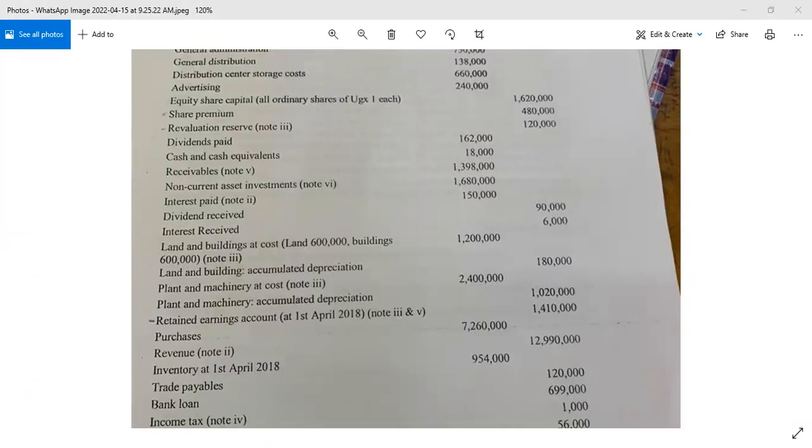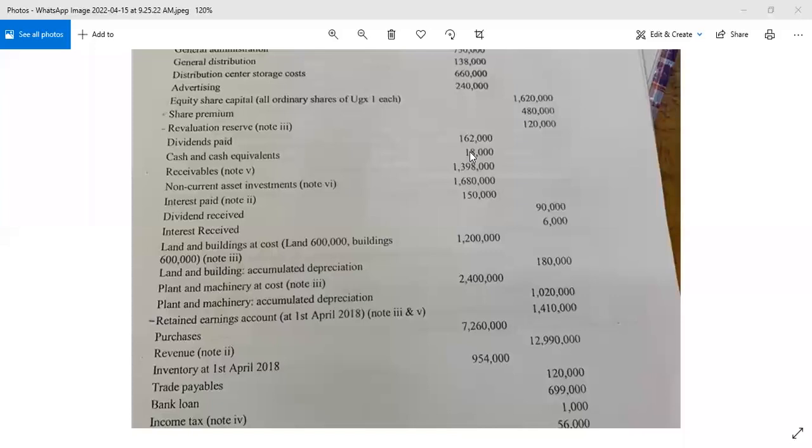It's cost at 1st April 2018, the beginning of the year. So the cost given for land is 600,000.